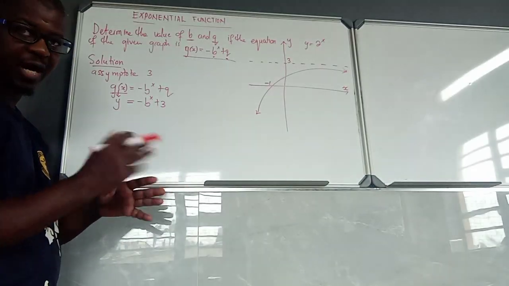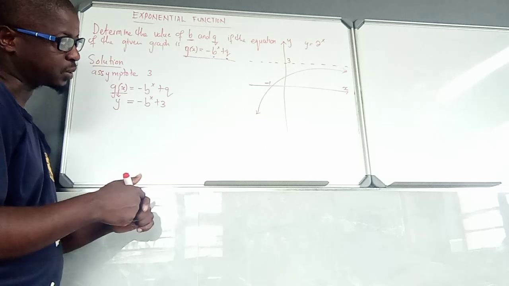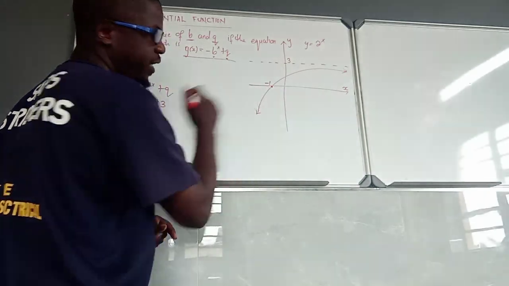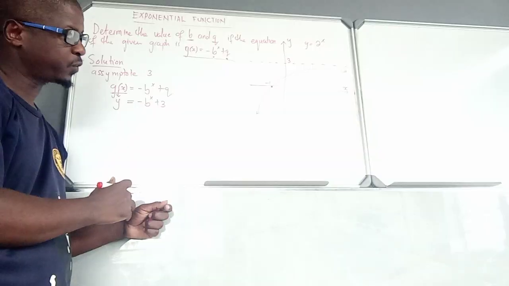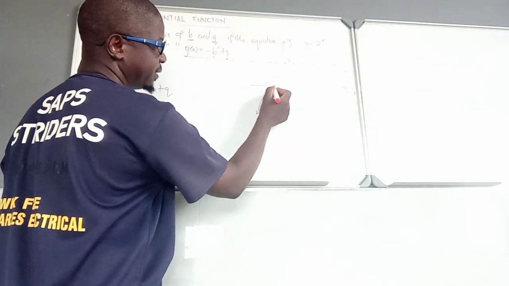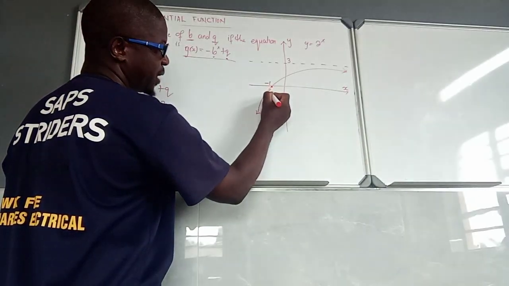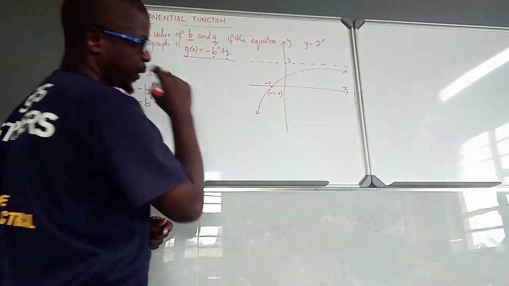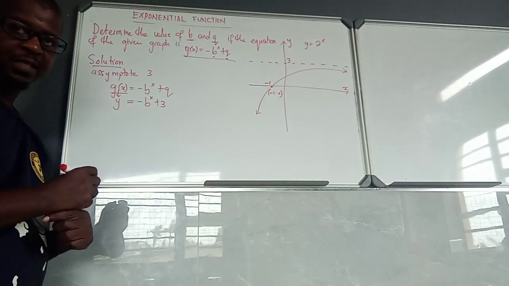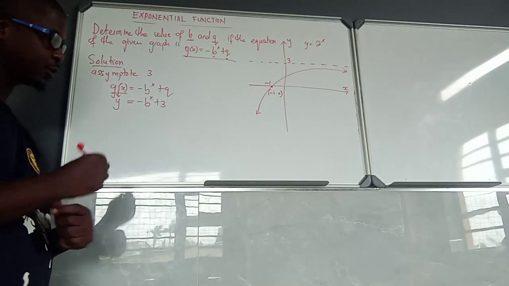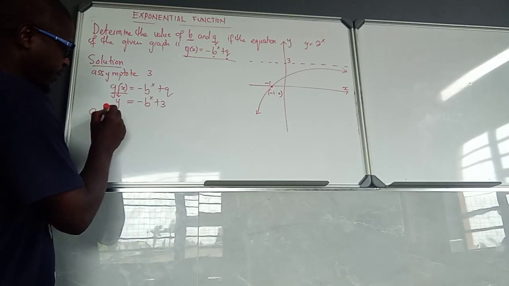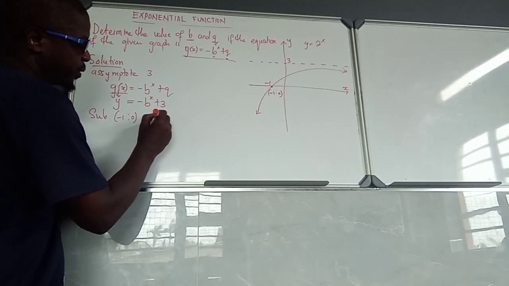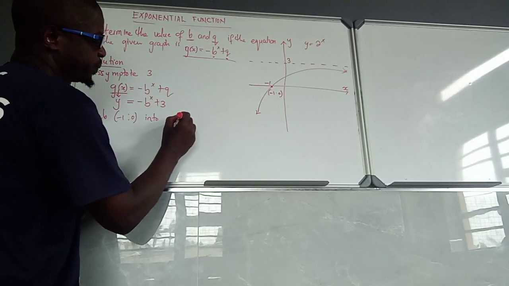Where this graph cuts the axis, yes, we do have a point here. We need to find the coordinates of this point. Along the x-axis we have -1, and the y-axis is 0. So we have the point (-1, 0). We substitute the point (-1, 0) into our equation.